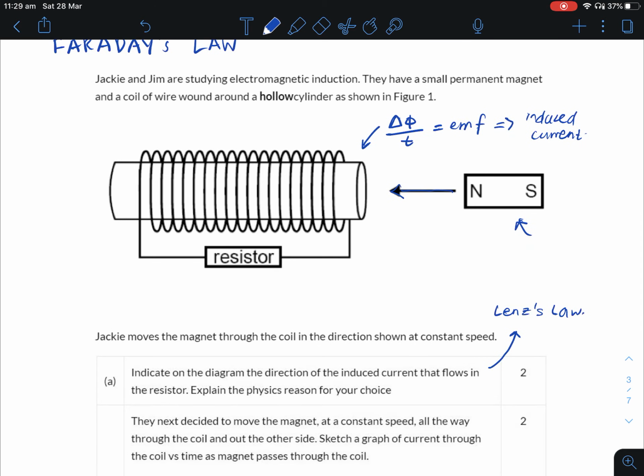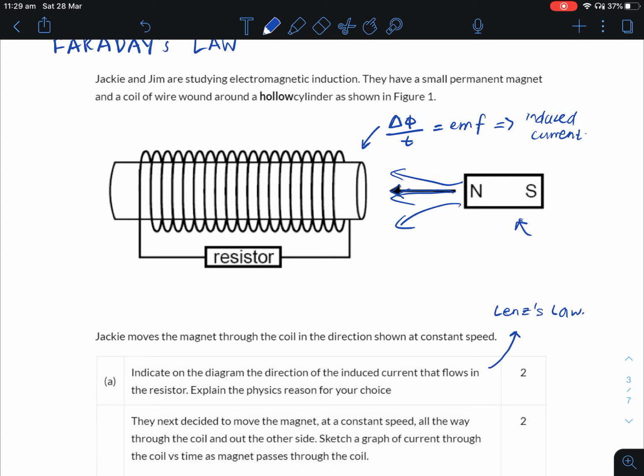Well, we notice that as the magnet moves towards the solenoid, it's experiencing an increase in flux, yeah? So let me draw the field lines for a second. This is what the field lines look like. It's experiencing a lot of increase in flux. And we know that by Lenz's law, when there's a change in flux, it's going to induce a current to oppose that change.